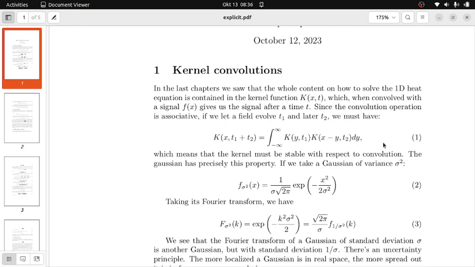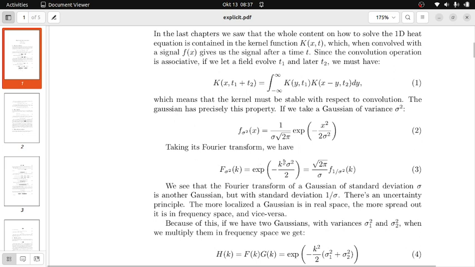But we know from the last video that this kernel is actually a Gaussian, so let us study convolutions of Gaussians. If I pick a Gaussian where the variance is sigma squared, remember that we have the standard deviation, which is sigma, and the variance, which is the square of the standard deviation, denoted sigma squared. Then if we take this normalized Gaussian and take the Fourier transform, we obtain another Gaussian, but now the variance is 1 divided by sigma squared.